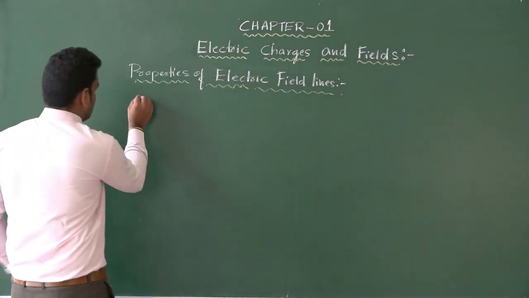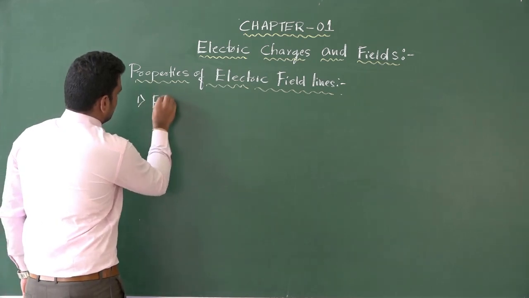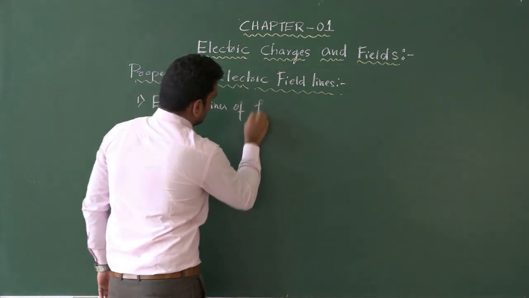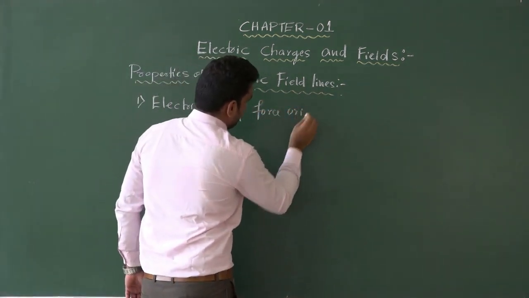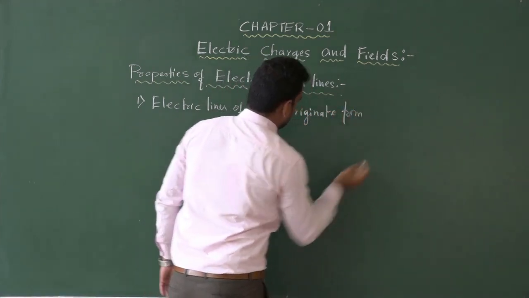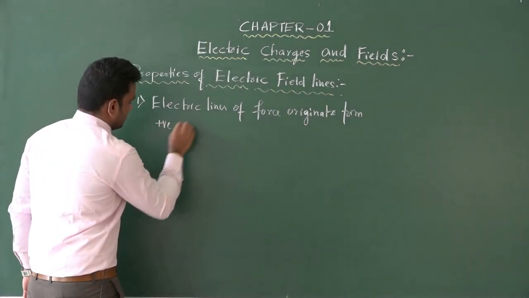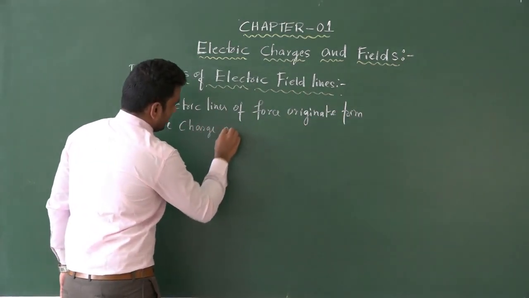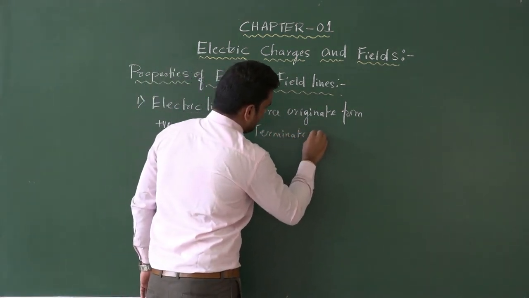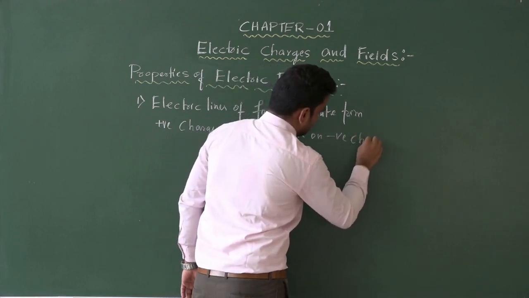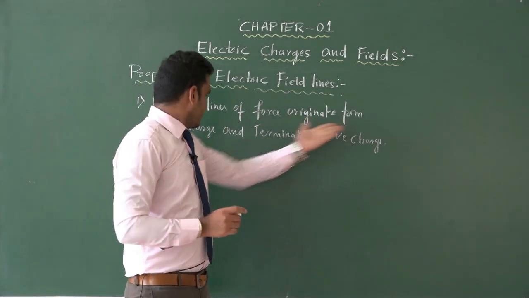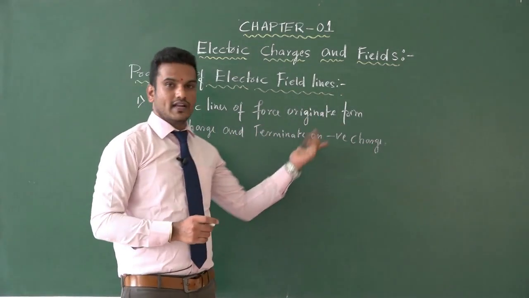The first one, electric lines of force originate from positive charge and terminate on negative charge. First property: electric lines of force originate from positive charge and terminate on negative charge.